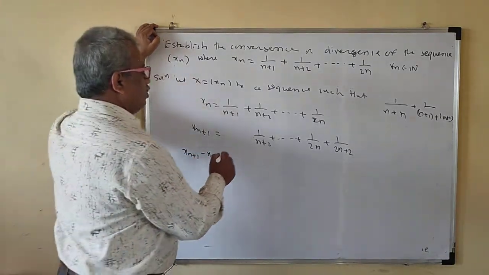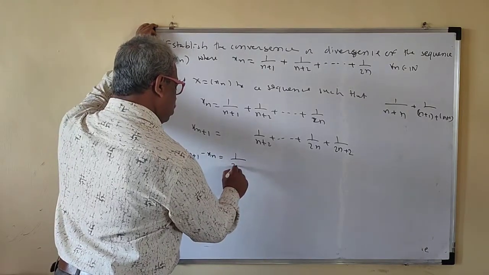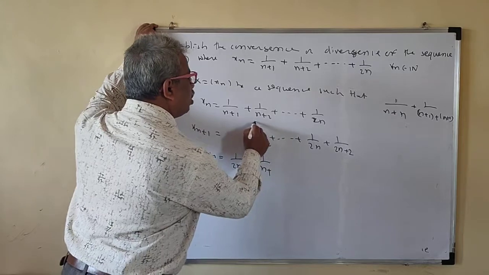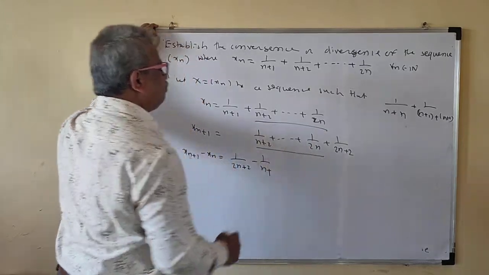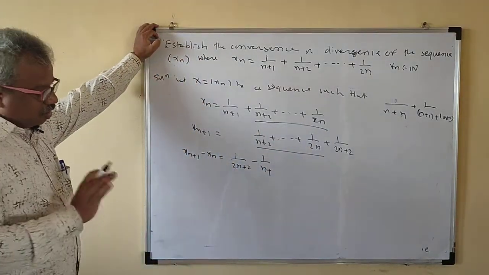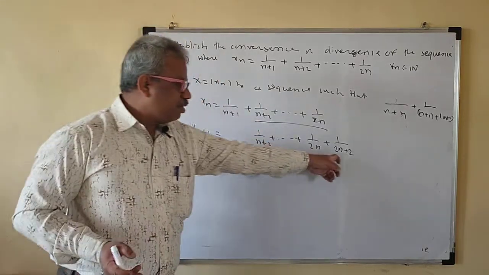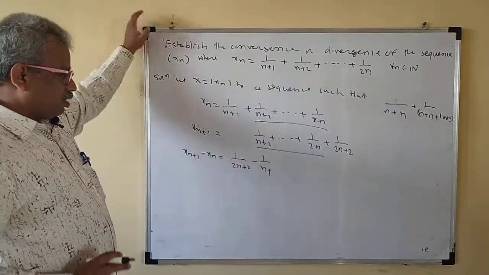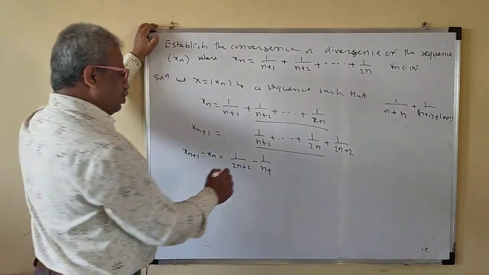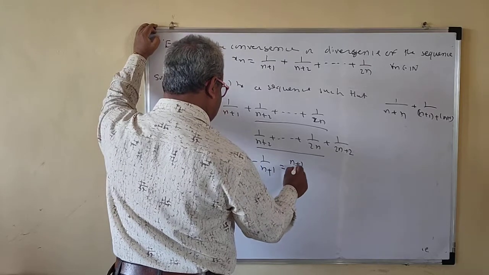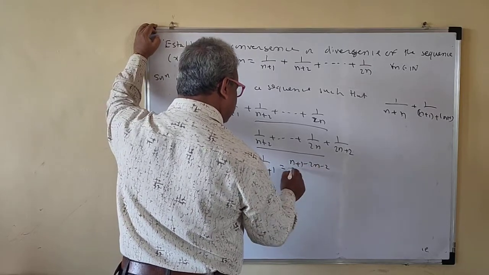So what is this then? This is 1 upon 2n plus 2 minus 1 upon... all these terms are common to both now. They will get cancelled, so only this term remains and this term remains. Okay, so now this is n plus 1.